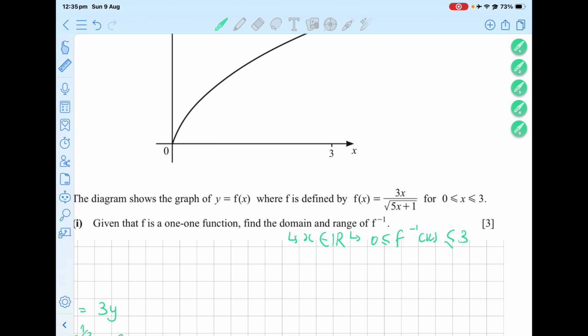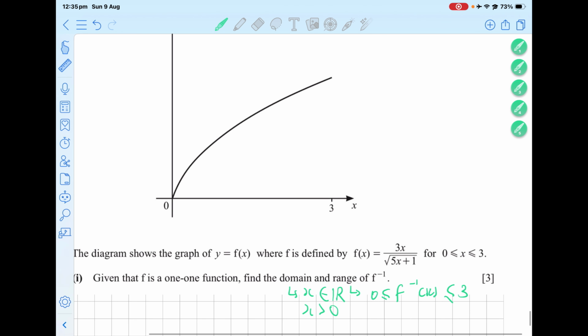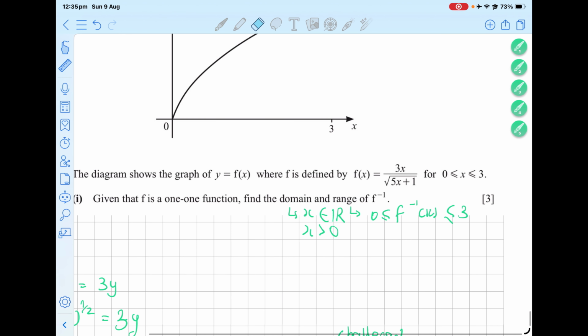So since you can put in any value for x greater than 0, for example, or wait, I think the range is also going to be dependent on that. So 3 into 3 over root of 5 into 3 plus 1.